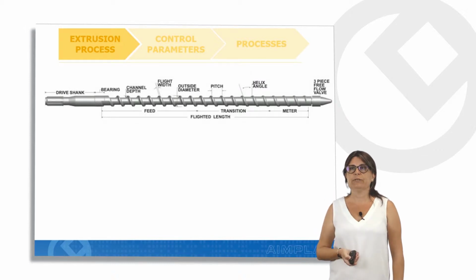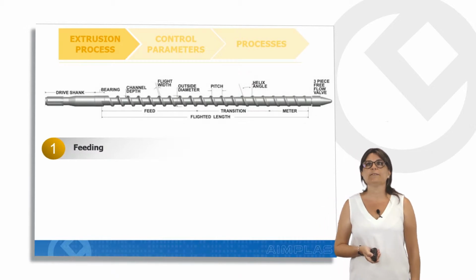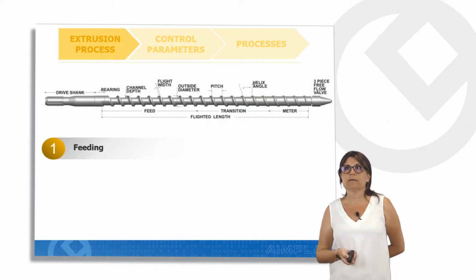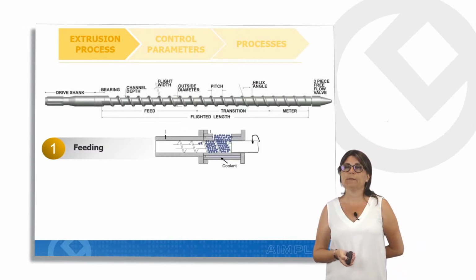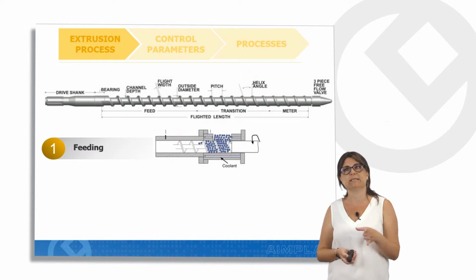This is a conventional screw for extrusion technology. The screw has three parts: the feeding part, where the plastic is in solid state and the main function is to transport this material.